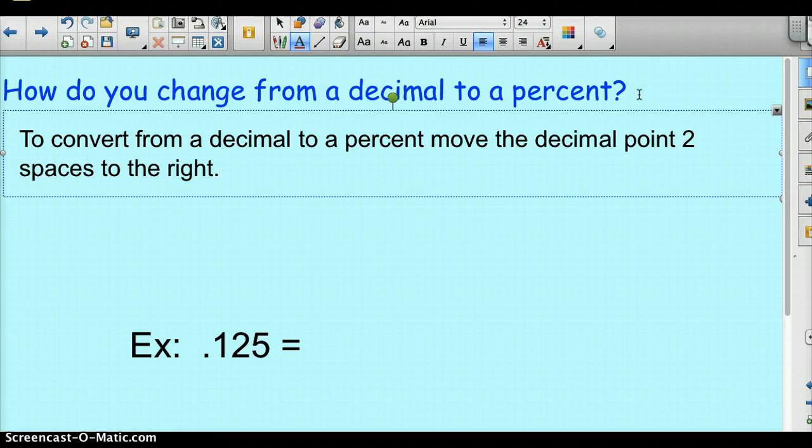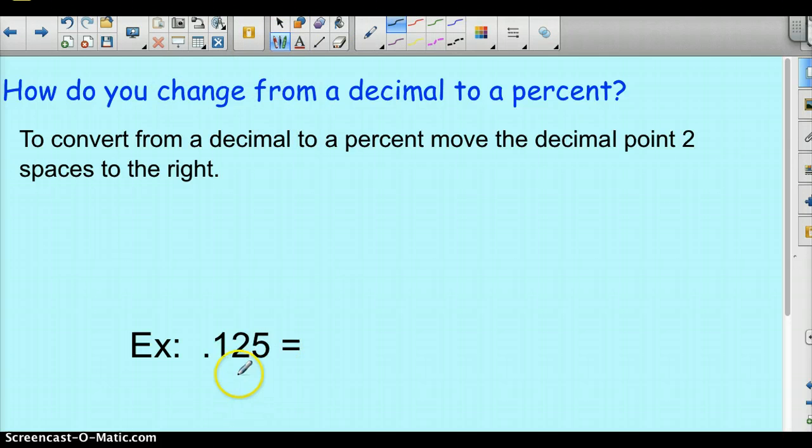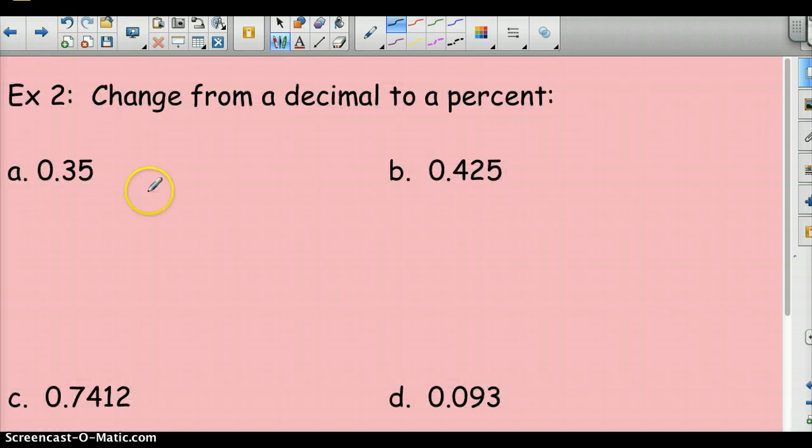This is just a simpler move because we did it from fraction to percent. Decimal to percent is even easier because it's already in decimal form. All you got to do is move that decimal point 1, 2 spaces to the right and leave it where it is. That's 12.5. Then you throw a percent behind it. 12.5%. Easy, simple stuff.